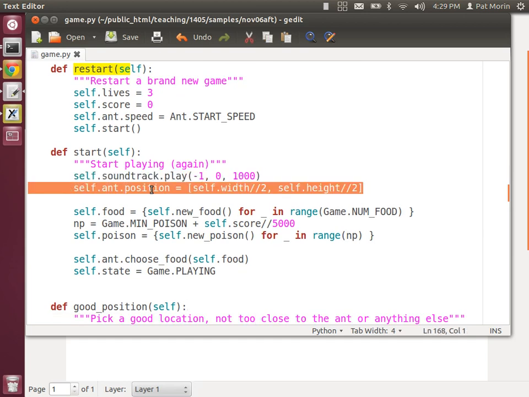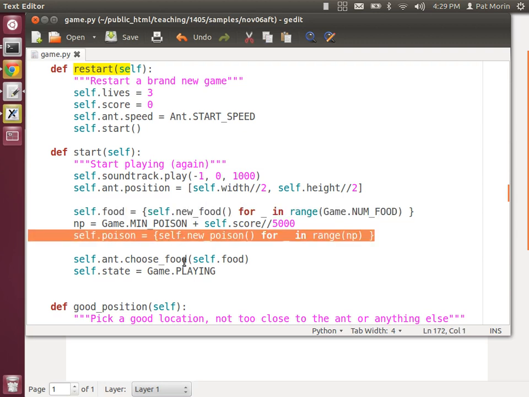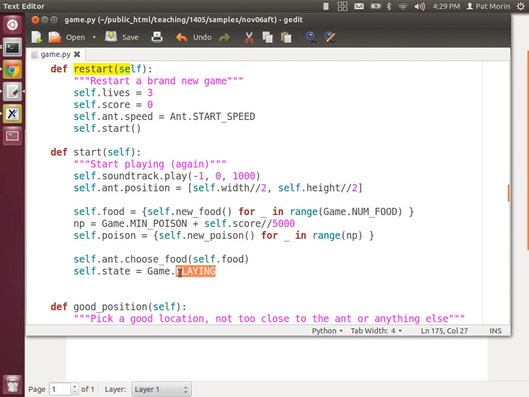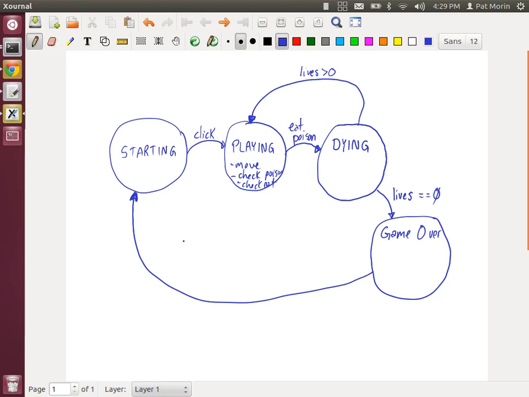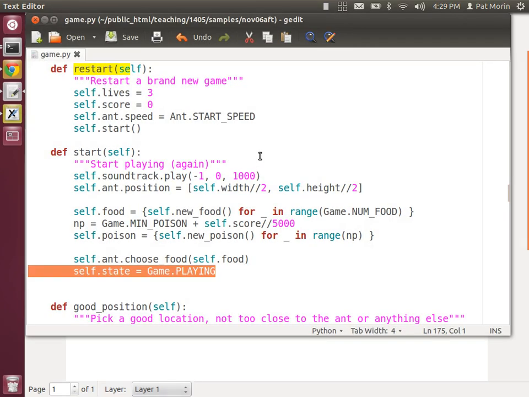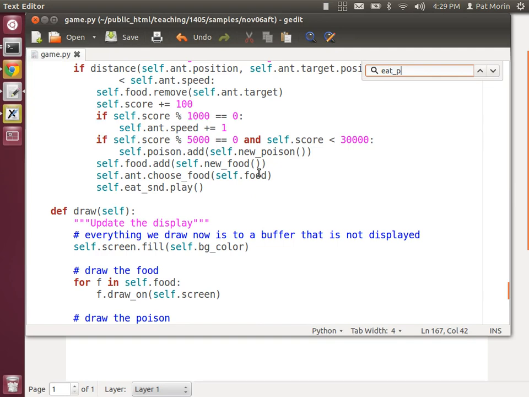And then we call self.start, which does a bunch of other things, including starting the soundtrack, resetting the ant's position to the center of the screen, creating a bunch of new food and a bunch of poison. The ant chooses the food, and then we transition finally into the playing state. So that's this transition here. A click does all of that, sets everything up, and takes us into this playing state.